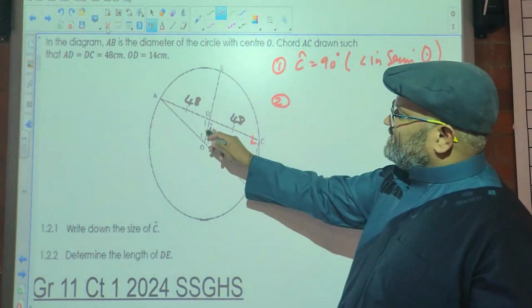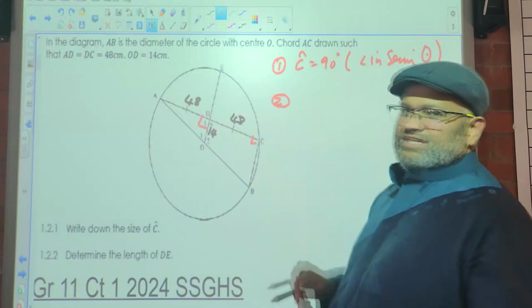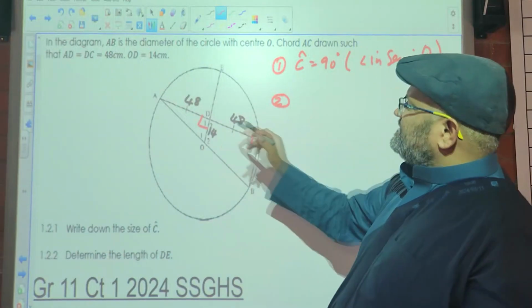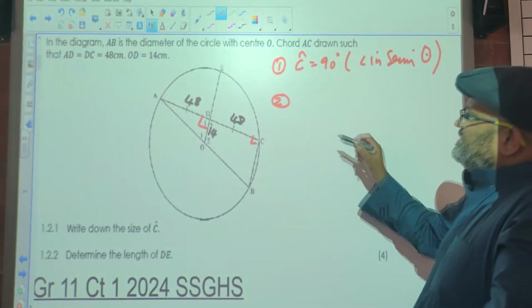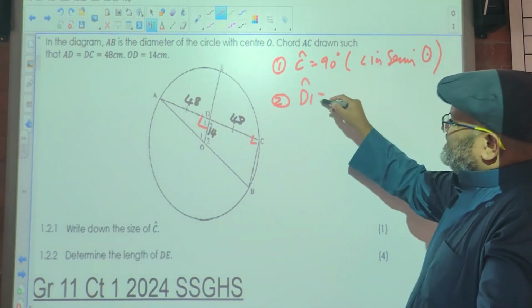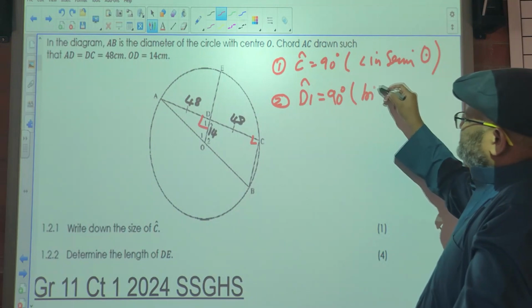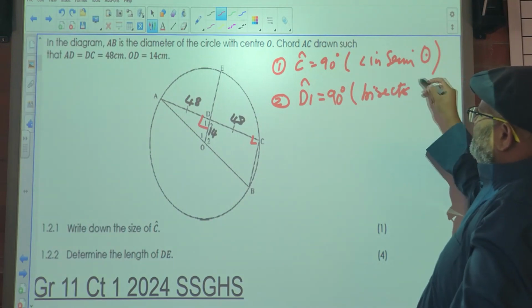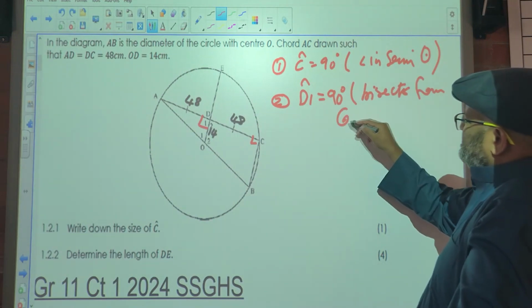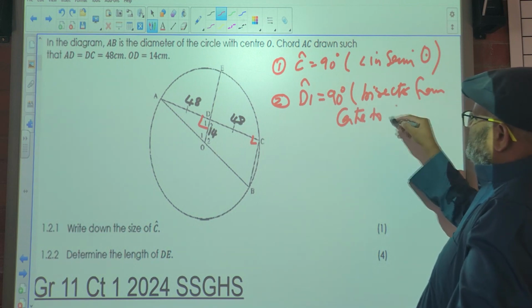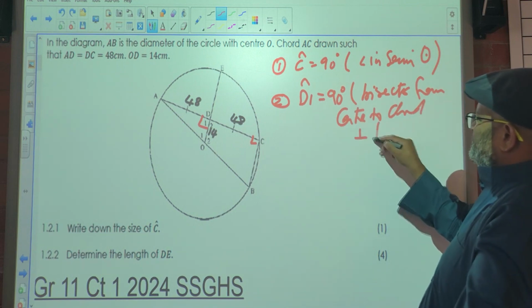Firstly we need to know that this is 90 degrees. Was it given as 90? No. So I now need to say that angle D1 is equal to 90 degrees. Why? Bisector from center to chord is perpendicular to chord.